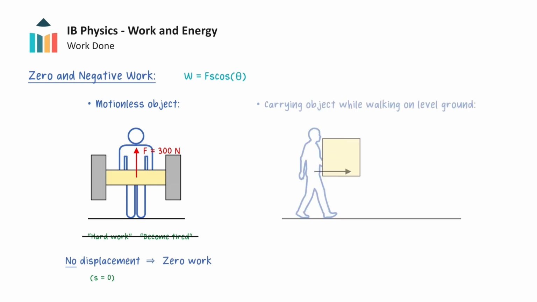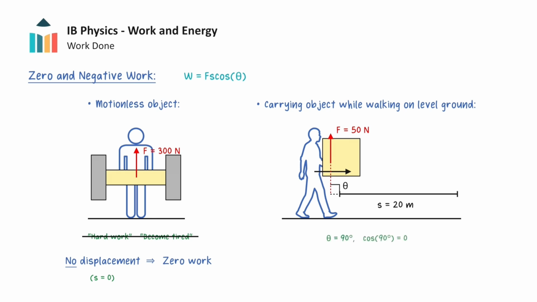Now imagine that a person is walking with a constant speed while holding a heavy object. The heavy object will have a horizontal displacement, but the upwards force exerted on the object has no component in the direction of the horizontal displacement. So θ would be 90 degrees in this case, and cos 90 degrees is 0, hence 0 work is done even in this scenario.